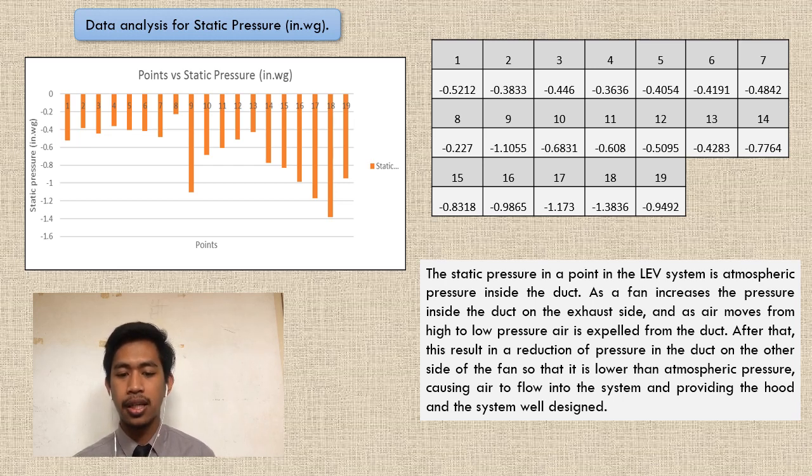This results in a reduction of pressure in the duct on the other side of the fan, so that it is lower than atmospheric pressure, causing airflow into the system, provided the hood and the system are well designed.